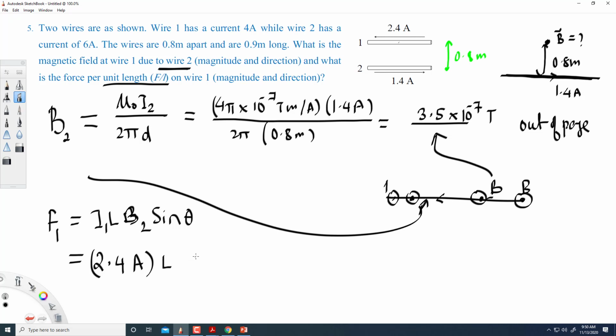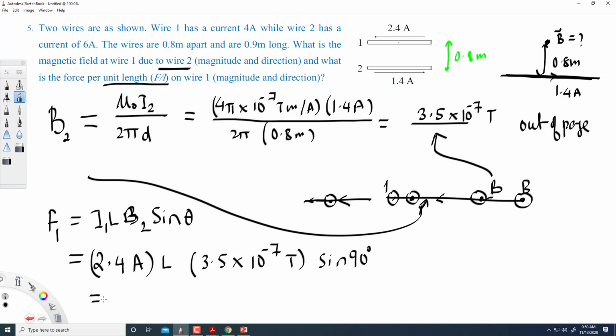And the magnetic field, we found, is 3.5 times 10 to the minus 7 Tesla. And what's the angle between I and B here? B is coming out, I is to the left, 90 degrees.